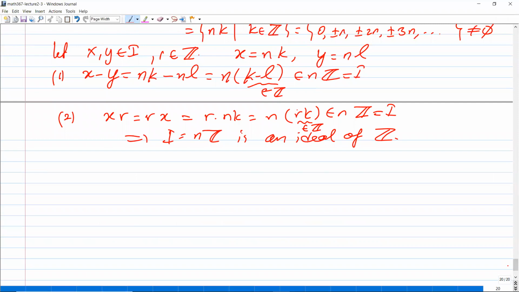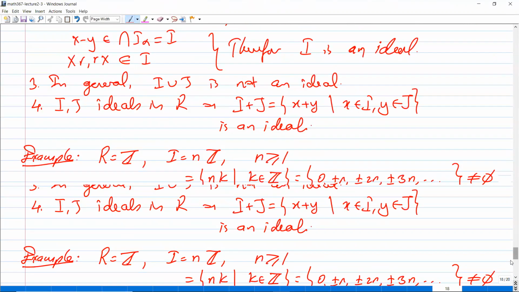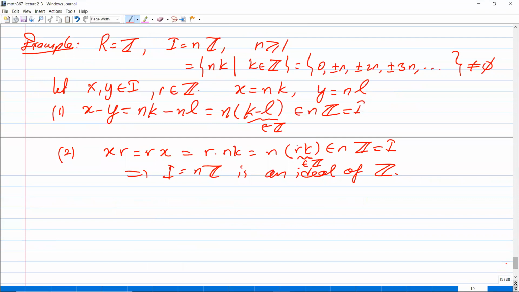And here is another, or better, not an example, but a non-example. Of course, every ring is an ideal in itself.